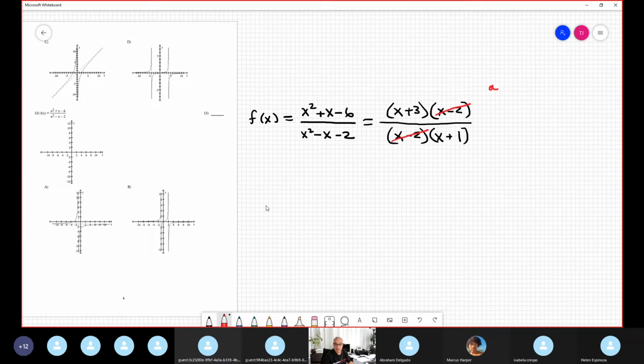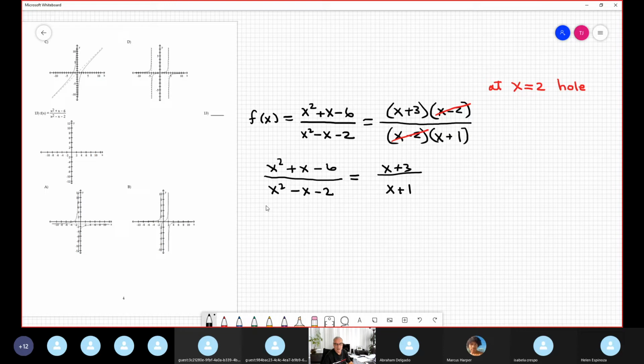So we discover that at x equal to 2, we have a hole. Now, you affirm so far that the original expression is now equal to x plus 3 in the top, stay alive, divided by x plus 1. So you want to do a strict analysis. You put a restriction on x not equal to 2, because at 2 we have a hole.